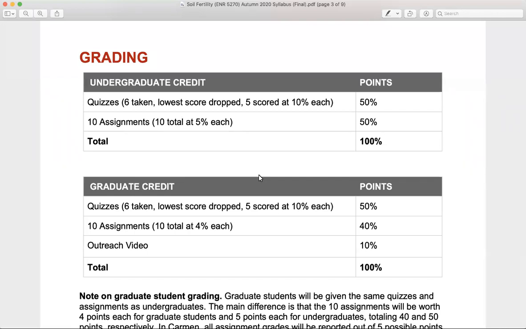I view the quizzes and the assignments, they both, of course, test comprehension, but the quizzes really test more of the concepts, and the assignments test more of the practical applicability. I highly value applied information. I know that, especially this semester, you all are going to get kind of zoomed and PowerPointed to death, because unfortunately that's the reality we're living in right now.